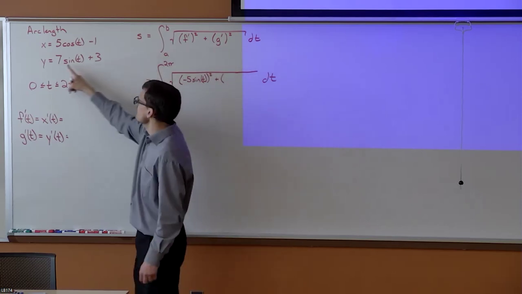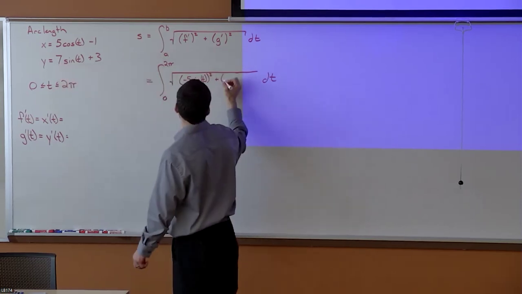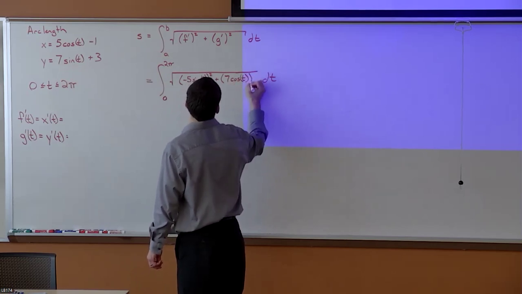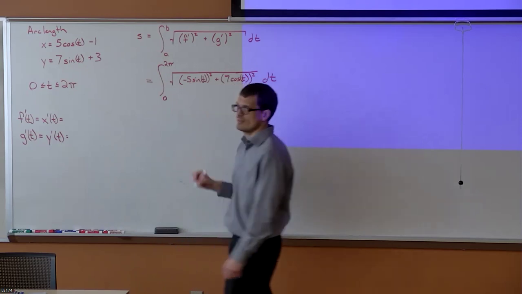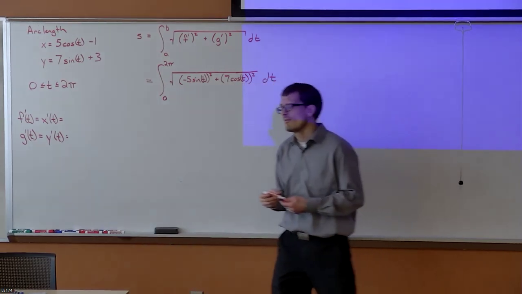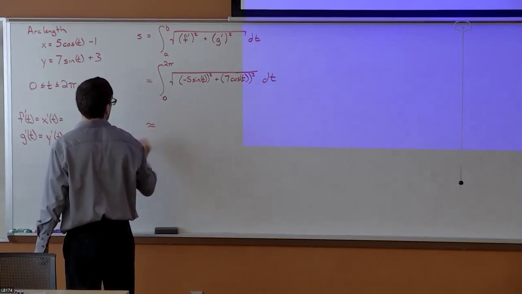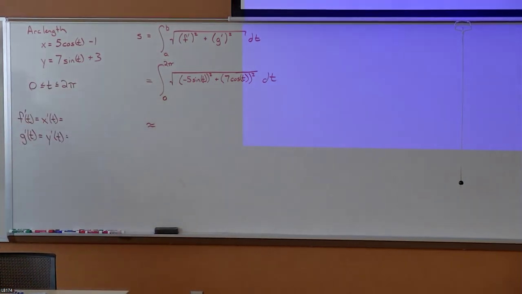G prime is 7 times the cosine of t. Don't forget to square those components. And then we're off to the races.